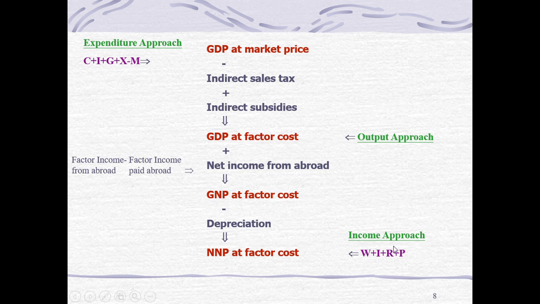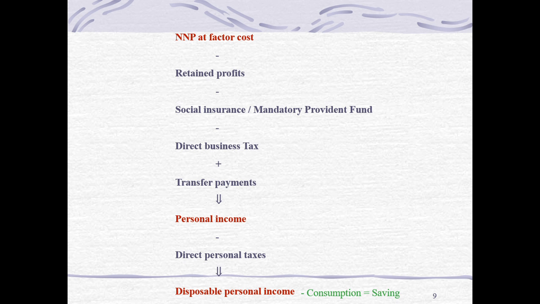If this calculation is done very well, this is the true reflection of the net national product at factor cost. That is the monies received by Ghanaians all over the world, excluding monies received by foreigners in Ghana. Right, so we have the net national product at factor cost.